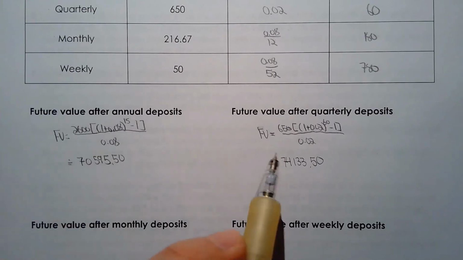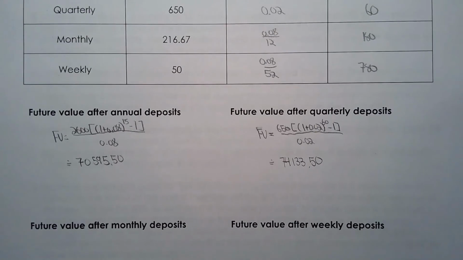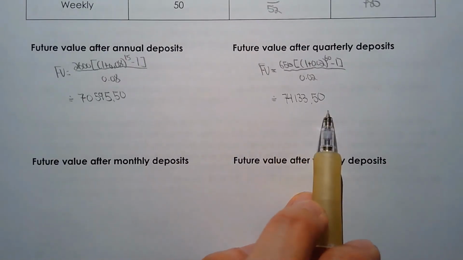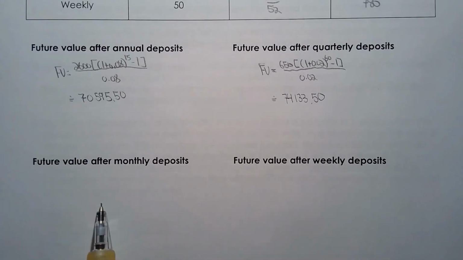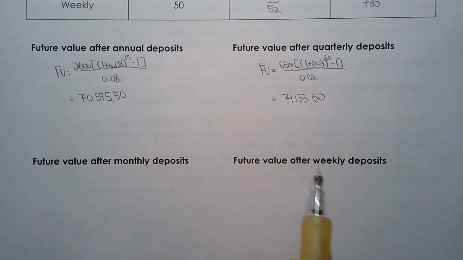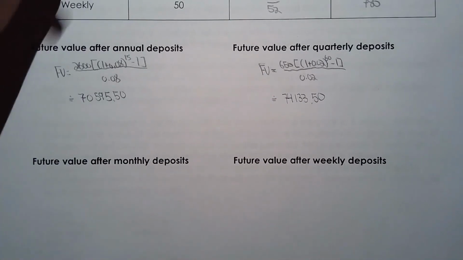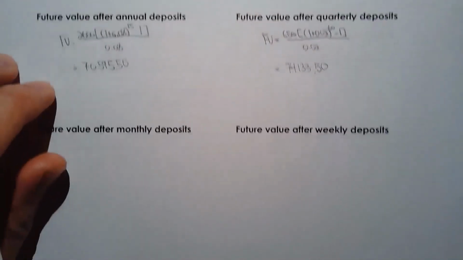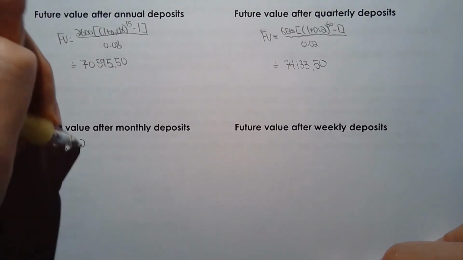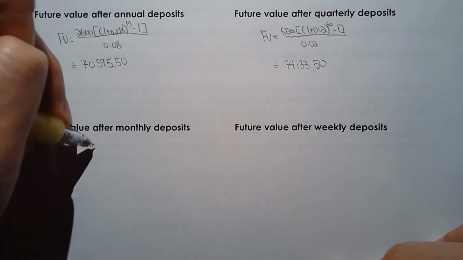So if you can imagine, for monthly deposits, you'll have a number greater than $74,133.50. And weekly is even better. Okay, so between annual, quarterly, monthly, and weekly, weekly is the best. Okay, so I'll do a quick calculation. So if it's monthly, what are we looking at here?